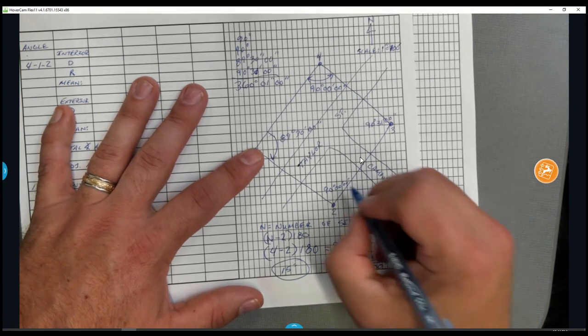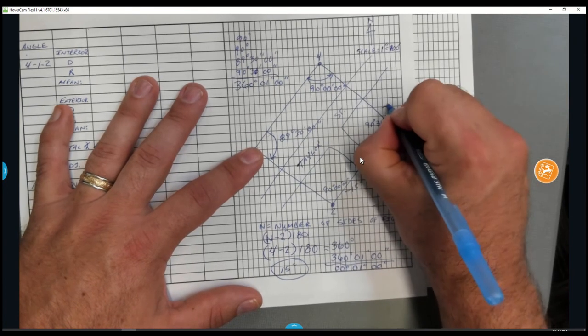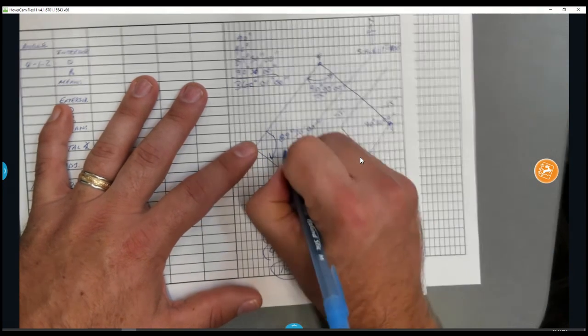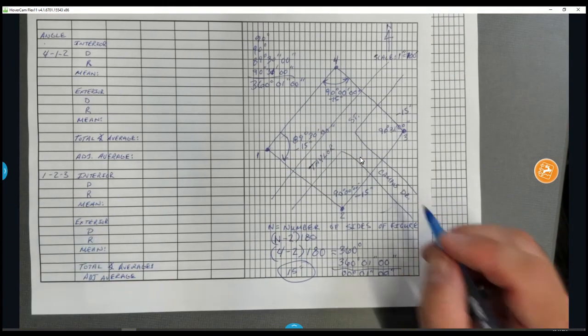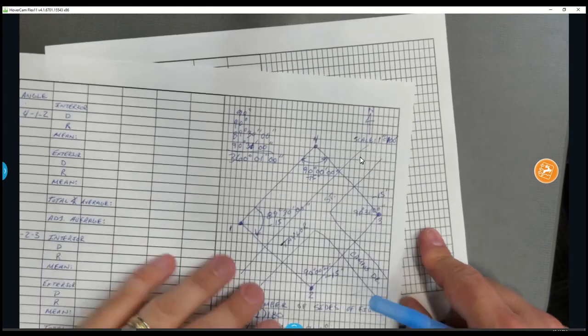So I have to subtract 15 seconds off of each one of these. And that will give me my closed figure, closed at exactly 360 degrees. That's what I'm looking for us to do when we go out in the field. All this math can happen over here if you want to.